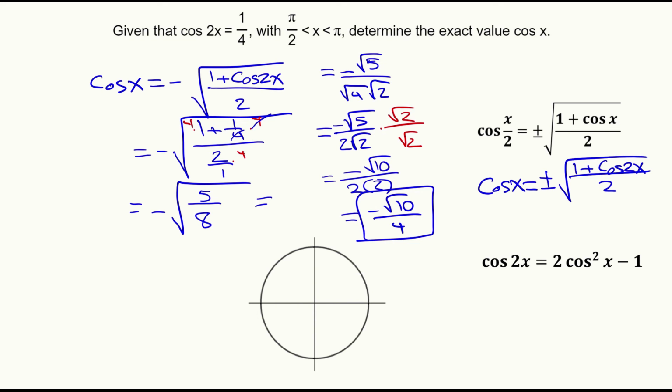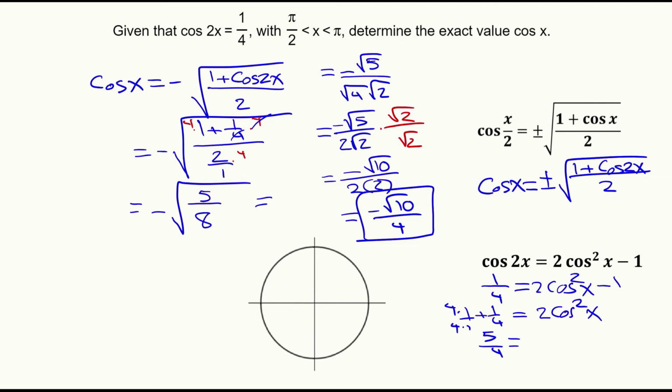Now, I did say we could have used this formula too, right? Let's verify. Look, we know what cosine 2x is. It's 1/4. So we have 1/4 equals 2 cosine squared x minus 1. So we get 2 cosine squared x equals 1 plus 1/4, which is, actually, we mean 5/4.